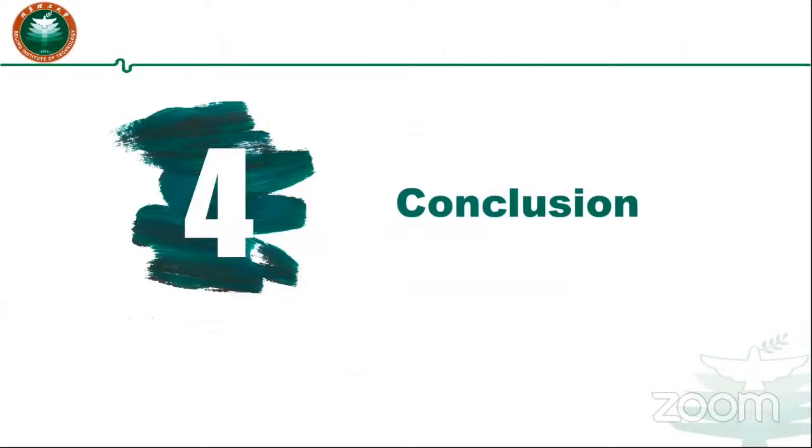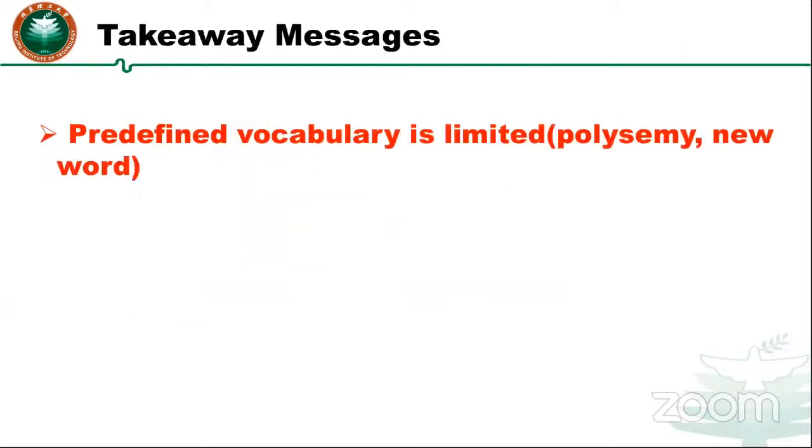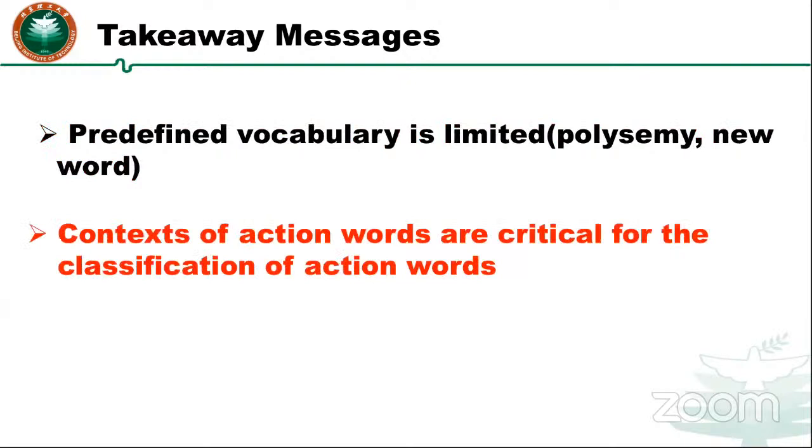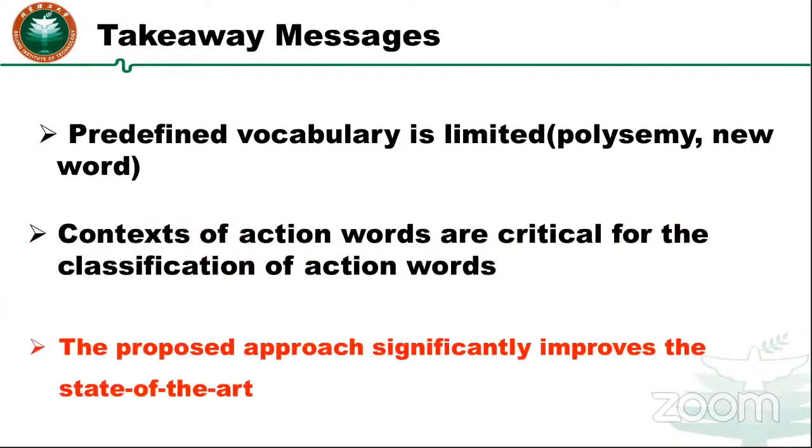Now, we have some conclusions. Predefined vocabulary is limited if the word is new or rare. Context of action words is critical for the classification of action words. The proposed approach significantly improves the state of the art.